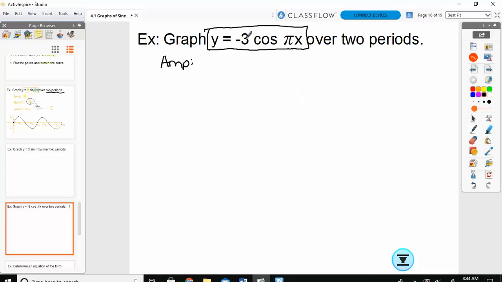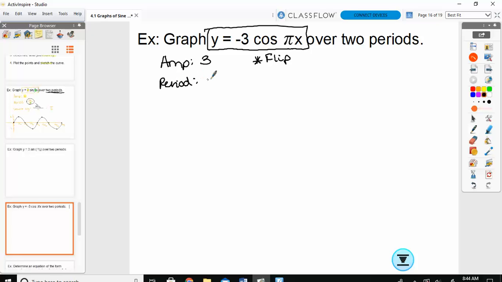That's the coefficient. I have a -3 here, but I told you the amplitude had to always be positive. So my amplitude is just going to be 3, but what that negative will do is cause me to flip my graph. If you think back to graphing transformations, if I said -x squared, that meant an upside down parabola. So a negative will just flip it.